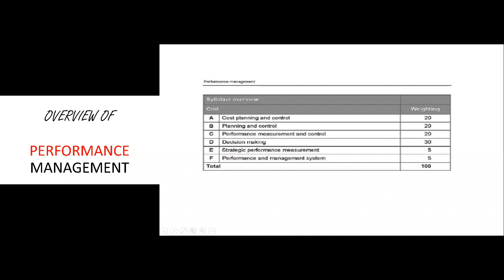And last but not least is the performance management system. We will see that it makes up a total of 100%. So the syllabus is 100%.